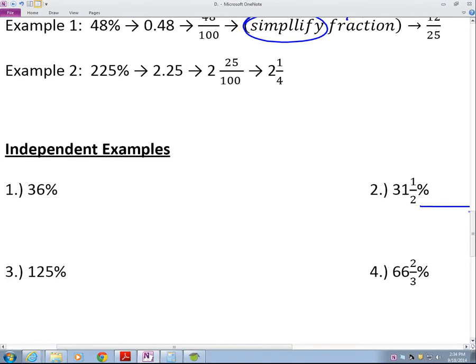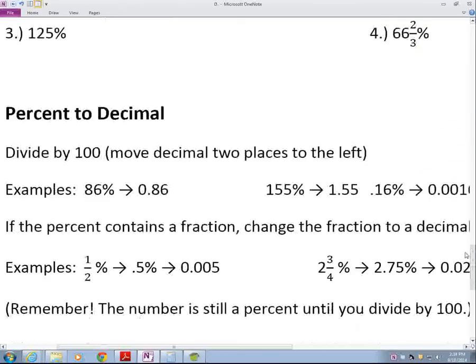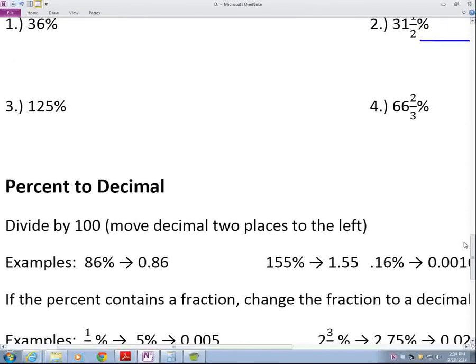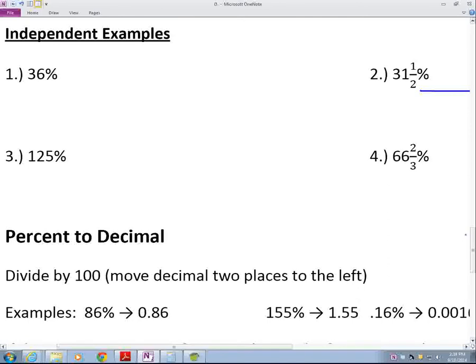Now, independent examples. This is the one that I promised. This is super easy. Move the decimal point over, which becomes 36 hundredths. 36 hundredths goes down to, what goes into 36?